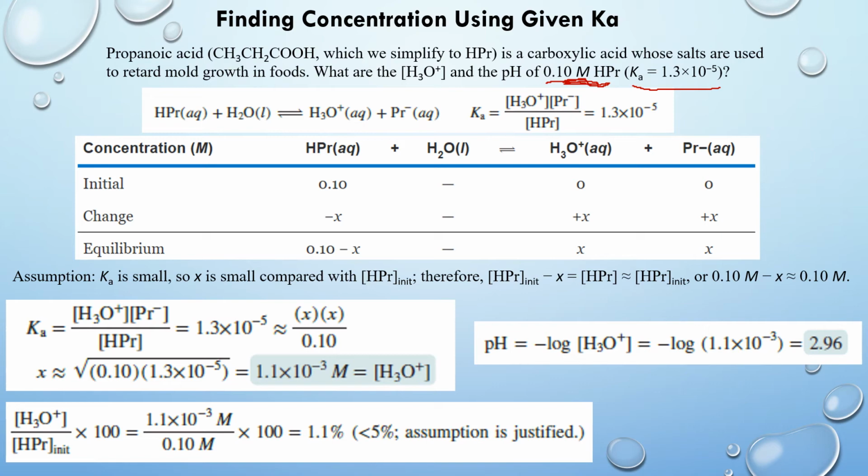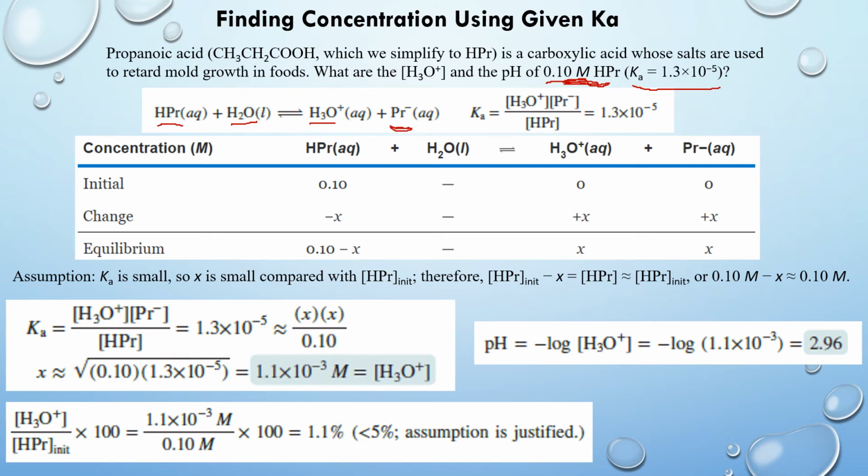Using the same approach, first we write down the equation for this dissociation process. HPr is the acid, water acts like a base, this is the conjugate acid, and this is the conjugate base.